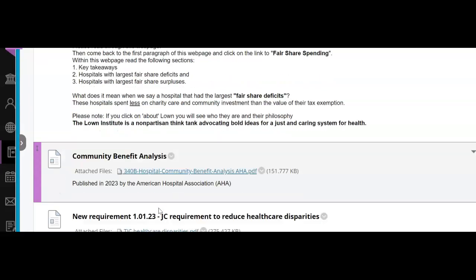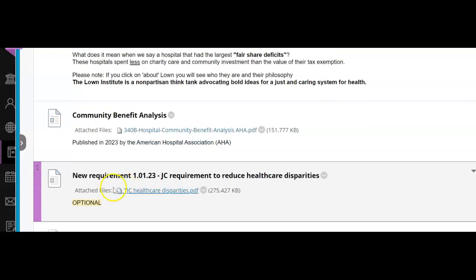And an optional reading, just optional, because I know you've got enough, that might help you with your vulnerable population assignment number 3 is to look through the Joint Commission requirement. The reason I like this is because, let's take a quick look, just because it is optional. So let's take a few minutes.